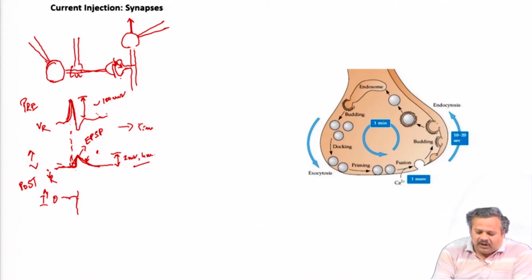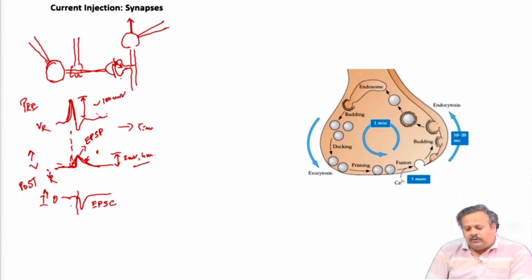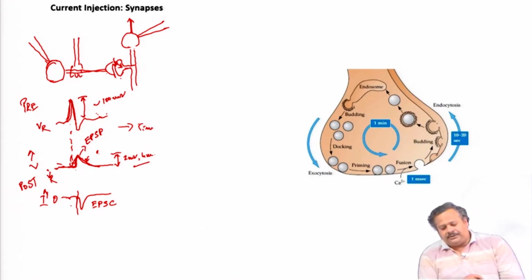This is 0 current in the beginning, and then we see an EPSC, excitatory postsynaptic current. This is of the order of picoamps, to a few hundreds of picoamps, and in large cases can even go up to nanoamps.